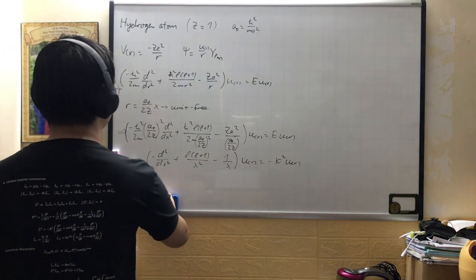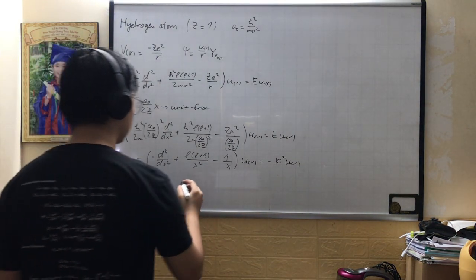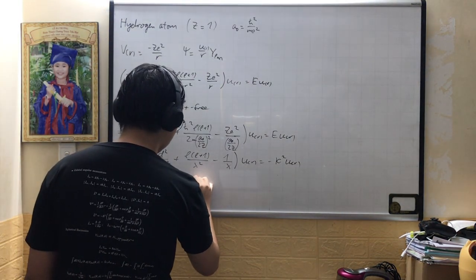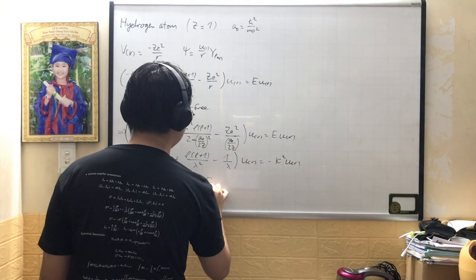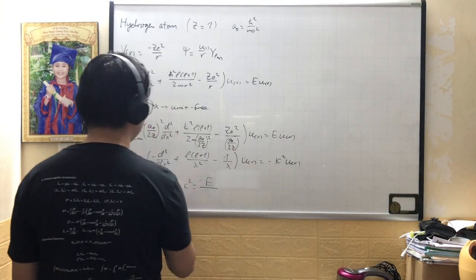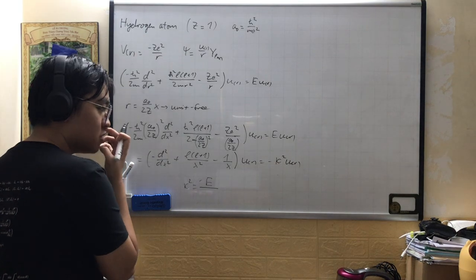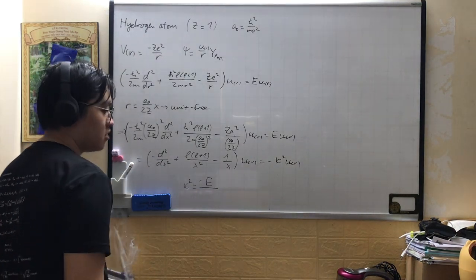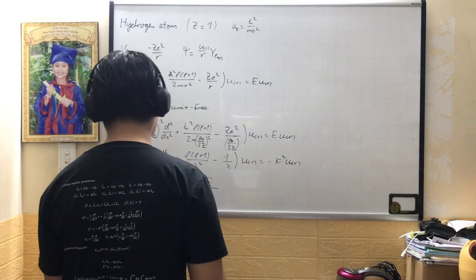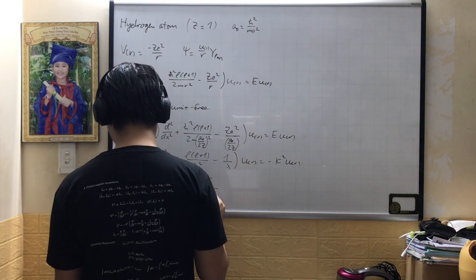And here kappa squared is also negative. This ensures that when you take the boundary condition, these two would match, and you would actually get a decay instead of a normal wave function.